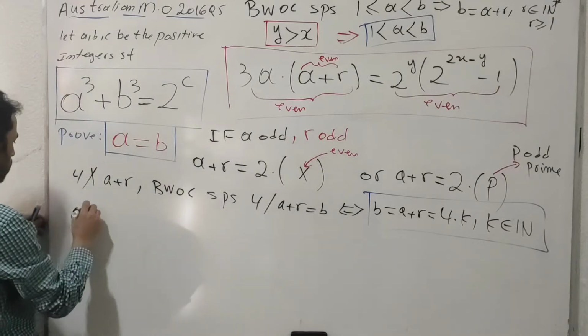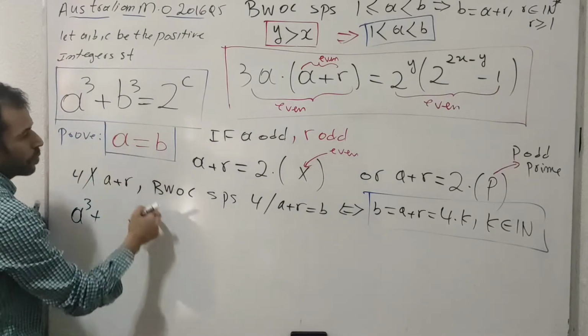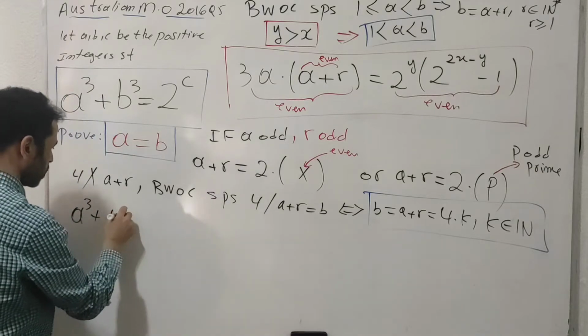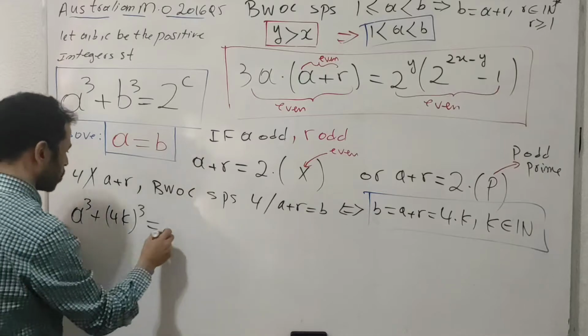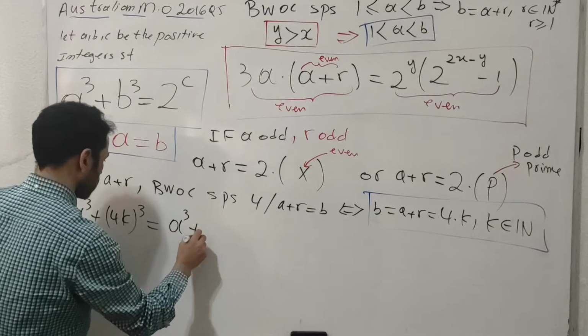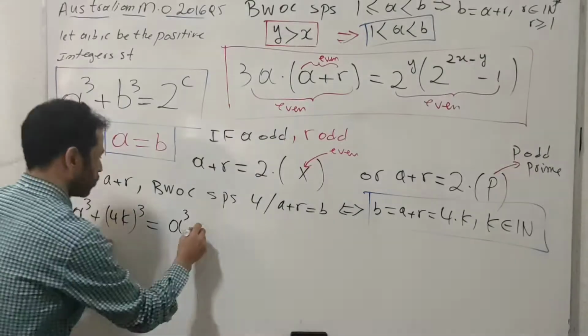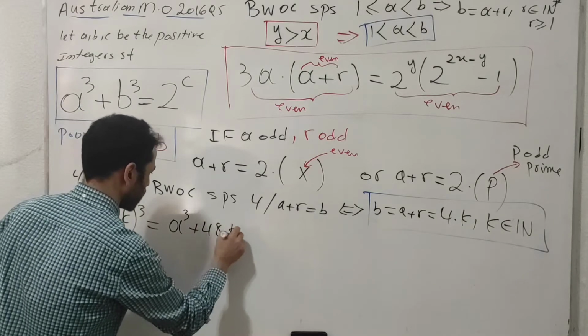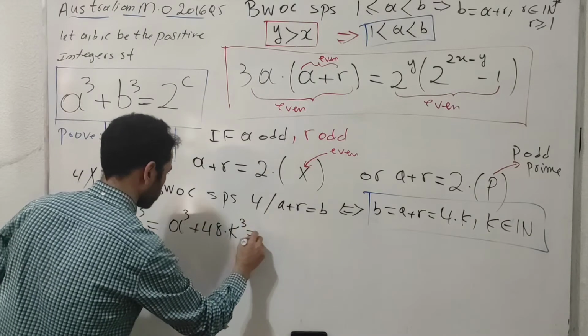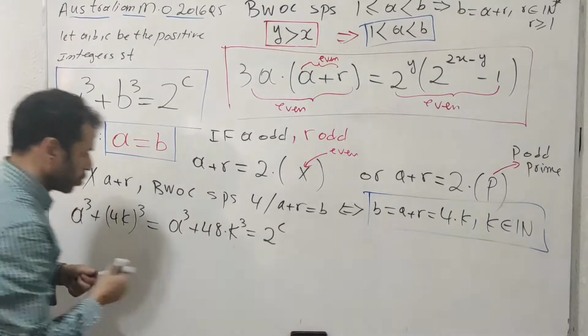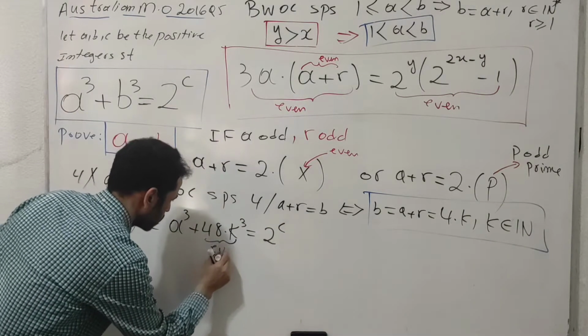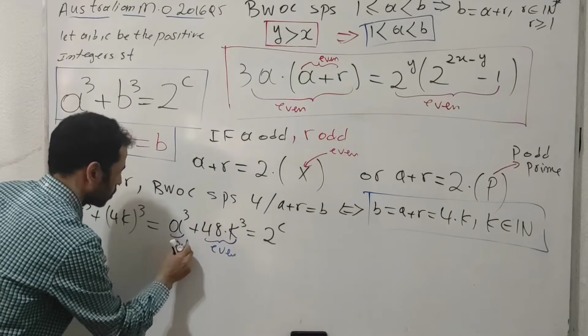A cubed will stay the same. B will be replaced with (4K) cubed. I'm going to distribute this out. I will have A cubed plus 4 to the 3, which is 64, multiplied by K cubed equals 2 to the C. Okay. So this term is even, but this one is odd.